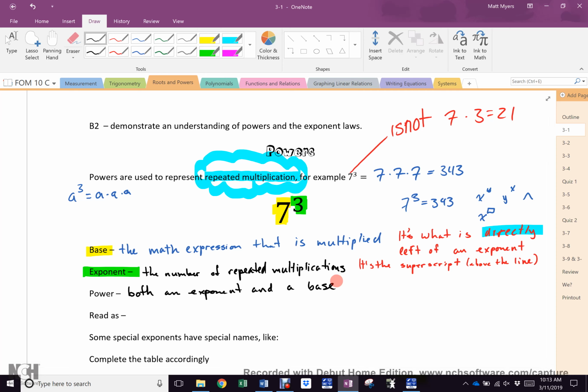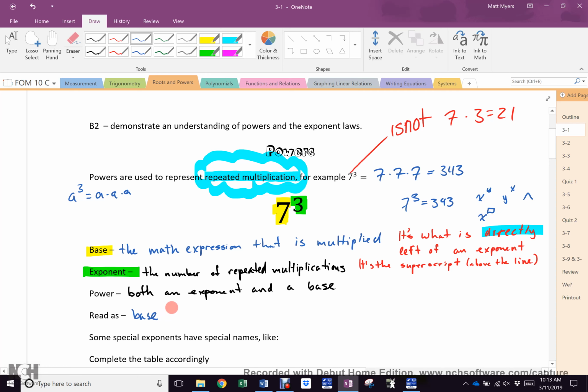I know that seems fussy, but it matters, because as math gets more complicated, you need to be aware of that. And as math gets more complicated, you are going to find out that your bases are not necessarily one thing. Everybody good? All right.